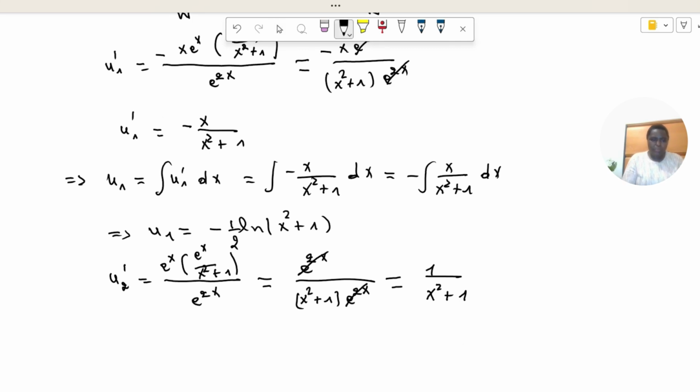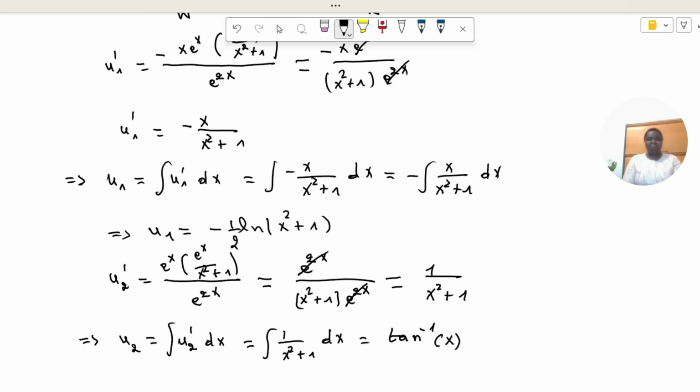So this implies that u2 will be equal to the integration of u2 derivative dx, which is the integration of 1 over x squared plus 1 dx, which is equal to tan minus 1, the inverse tan of x.